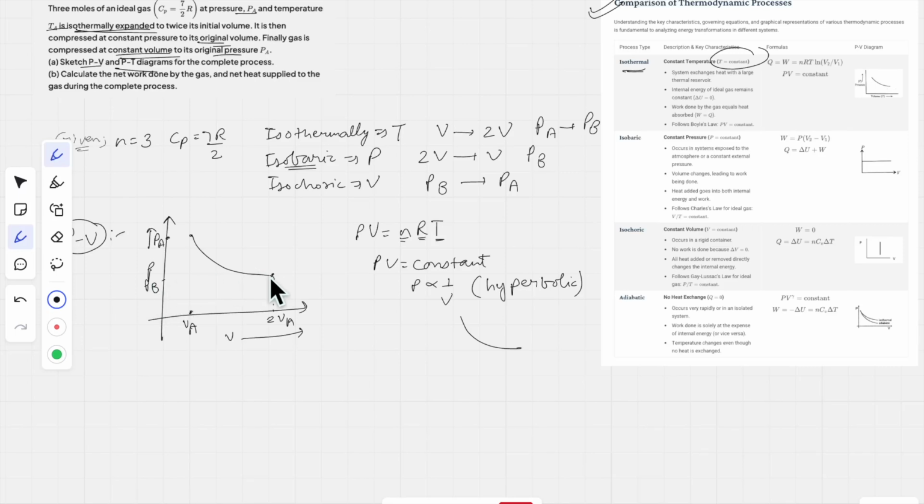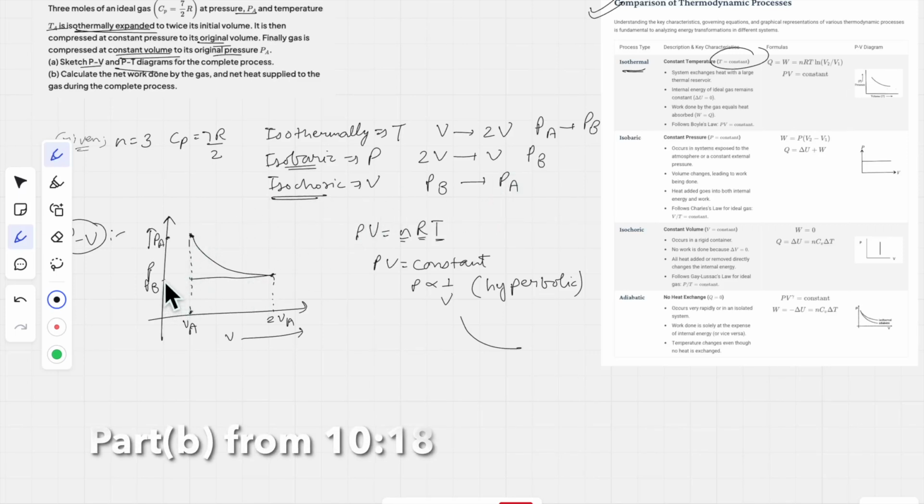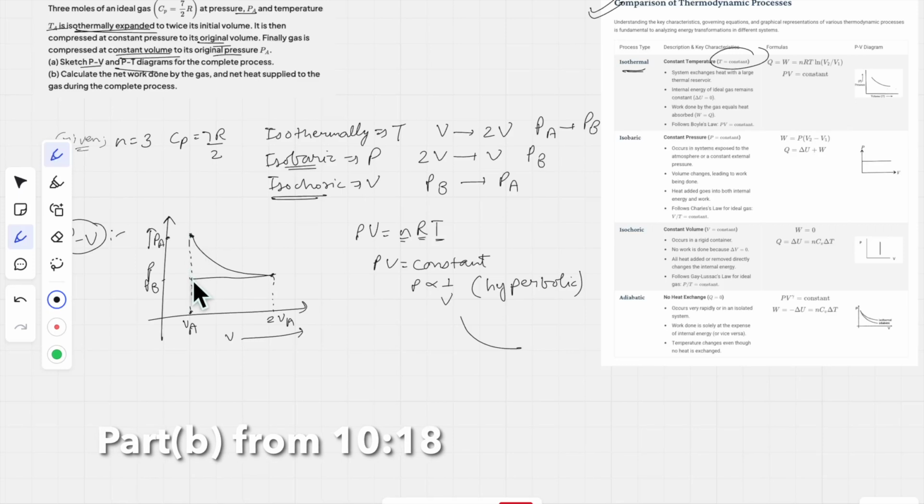So at constant pressure, we come back to V. So this is my initial volume. So we come back to this volume at constant pressure, which means a straight line. Then the final process is isochoric. At constant volume, we go back to Pa. So from Pb, we go back to Pa at constant volume. Okay. So my process is like this.